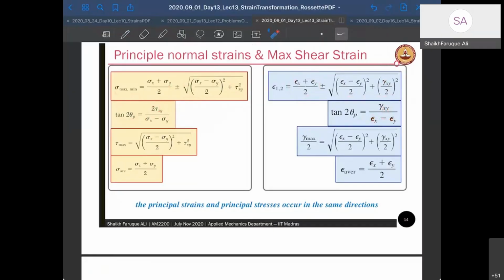Now for tau max, the maximum shear stress is the radius itself. Here also, gamma xy by 2 maximum is going to be the radius itself. So that is equal to, again, epsilon x1y1 max or epsilon xy max.